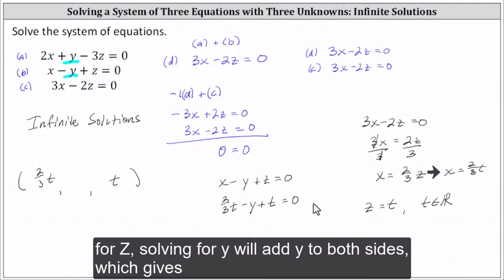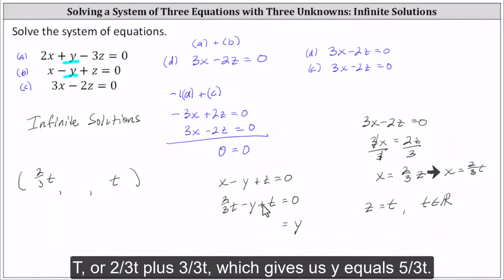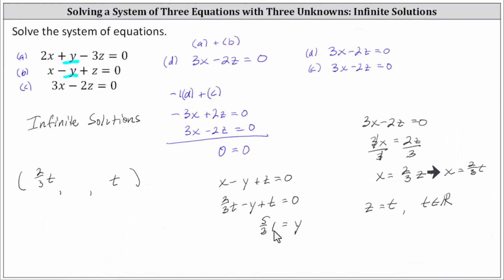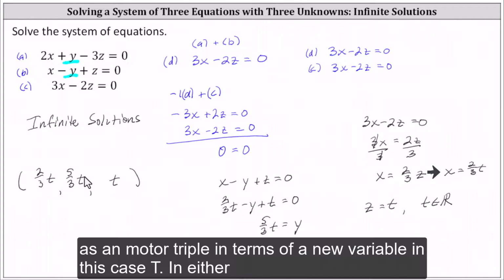Solving for y, we will add y to both sides, which gives us a y on the right, and then we have 2/3 t plus t, or 2/3 t plus 3/3 t, which gives us y equals 5/3 t. So again, sometimes you may be asked to express infinite solutions as an ordered triple in terms of a new variable, in this case t.